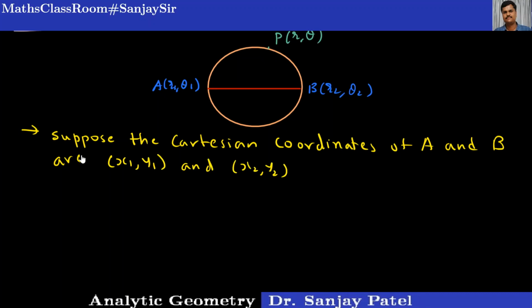So what I am doing here is, I am taking the Cartesian coordinates of the point A as (x1, y1) and the Cartesian coordinates of the point B as (x2, y2).